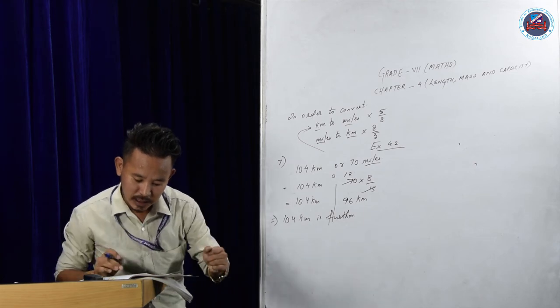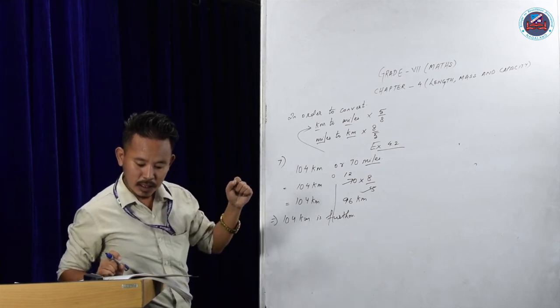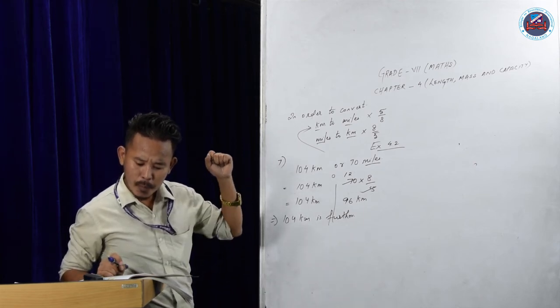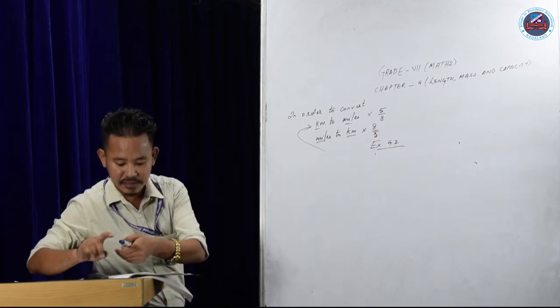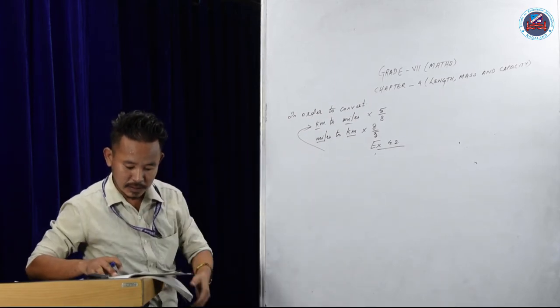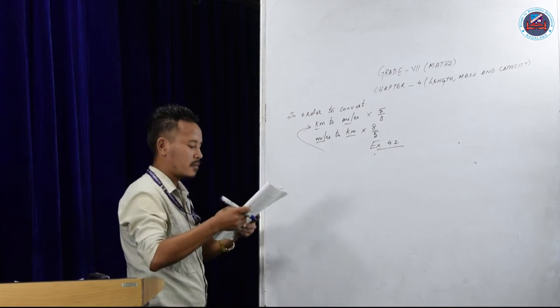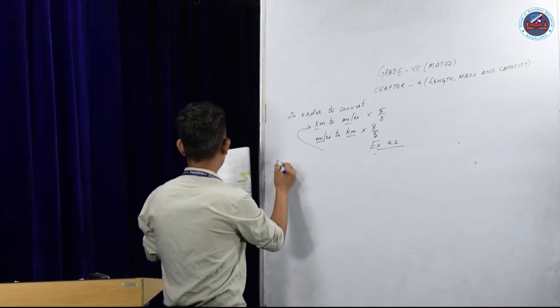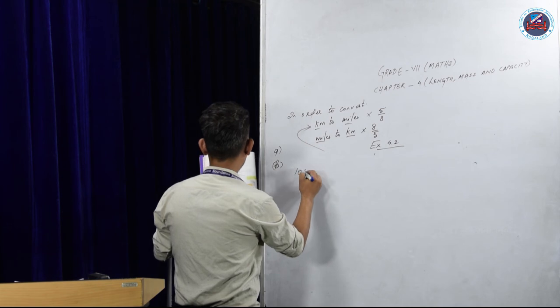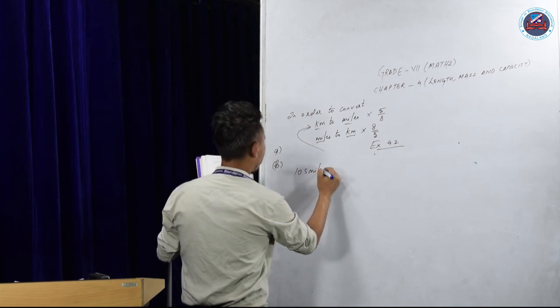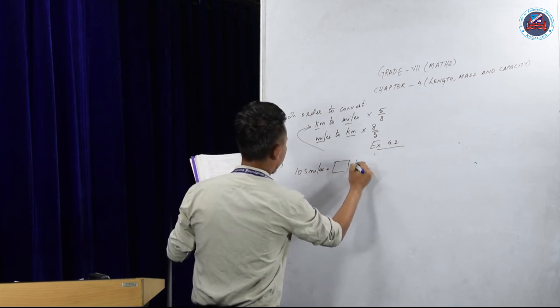I'll do question number 9 now. Question number 9, I'll do one sum. Since you have all the answers given there already, right? So, number B, question number 9, B, 105 miles equals box kilometers, right?